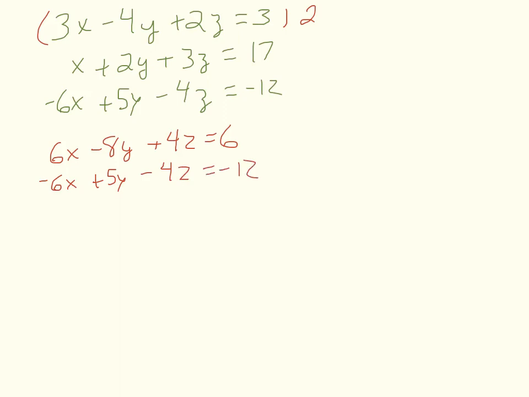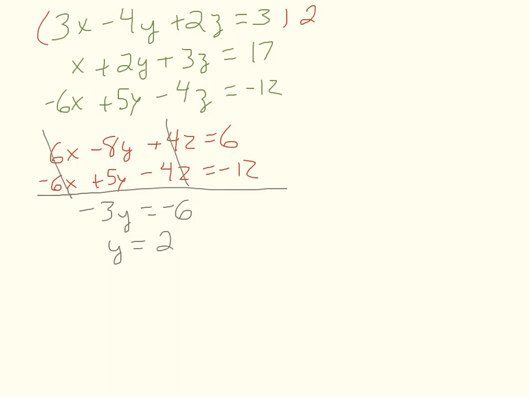Now, we got lucky on this one because there's a 4 here and a negative 4 for the z's. So when we add the first and the third rows, this cancels out and this cancels out. So we have a negative 3y equals a negative 6. So we know right off the bat y is equal to 2.